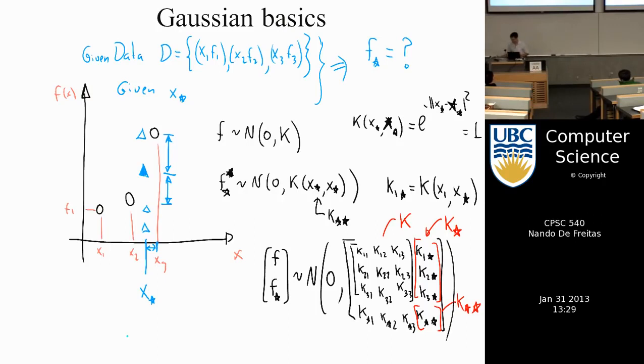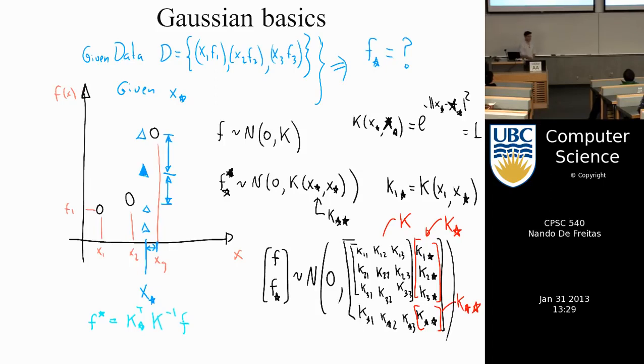And so, using the theorem, f star is equal to k star transpose times big K inverse times the vector f.